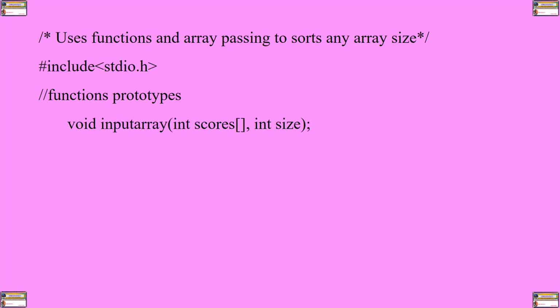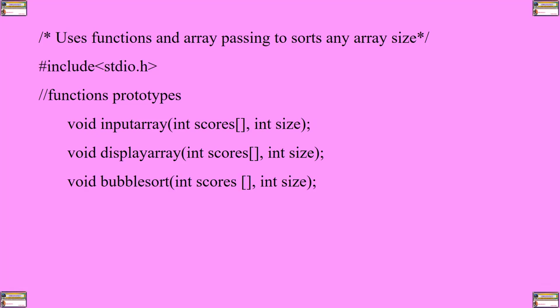So this is the function prototype for inputting values into the array. The next function prototype is for displaying the array. It's receiving the memory location for the array, and it is also receiving the size of the array. Then the next prototype is for doing the bubble sort that you have already discussed.